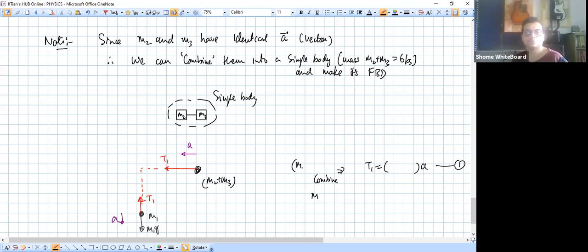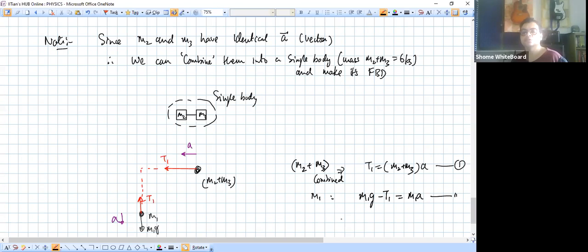Yes, there are plenty of problems like this in HC Verma, you'll find. And for M1 as a single object, the free body diagram equation is M1G minus T1 is equal to M1A.